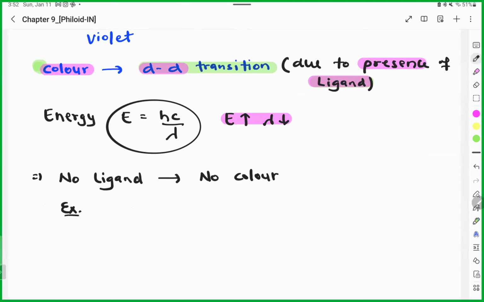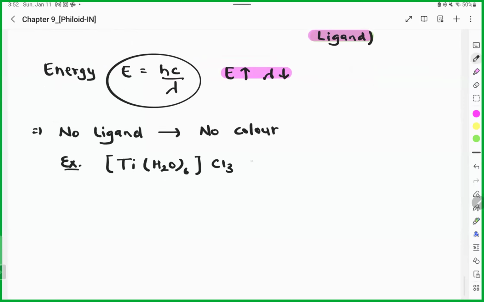Example: if you take this titanium H2O6 molecule, and this is Cl3, this is a colored compound because titanium has one unpaired electron, violet color.